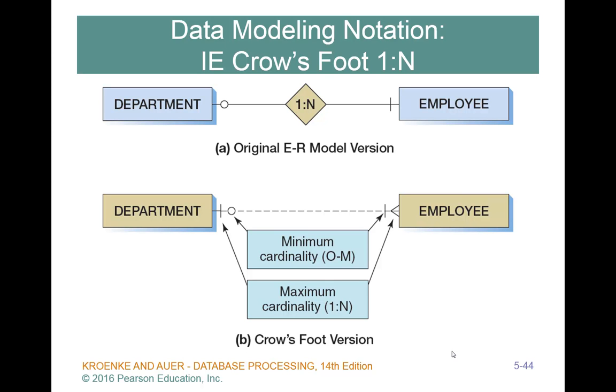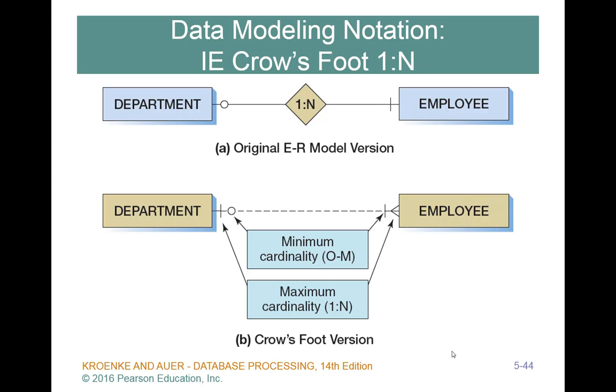So in the original ER model here, if you see in example A, we have our maximum cardinality indicated in the diamond, and our minimum cardinality represented with crow's foot notation closest to the entities. But this is where our variations change quite a bit.